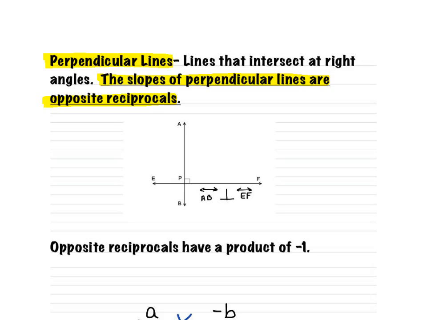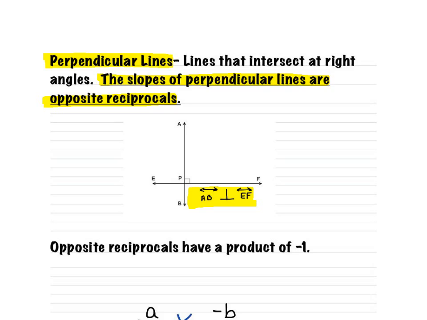All right, I've given you a little graph here, a little diagram of perpendicular lines, and please note how the statement reads. Line AB is perpendicular to line EF.